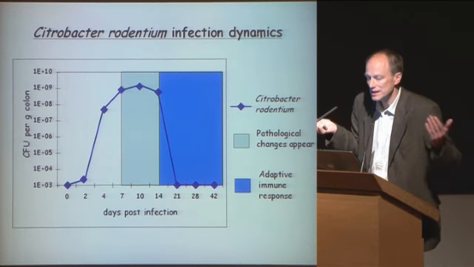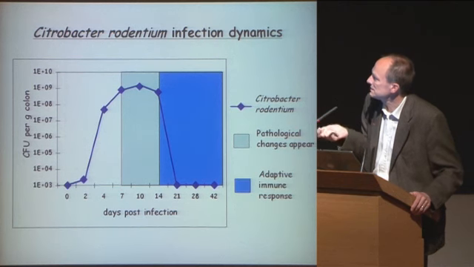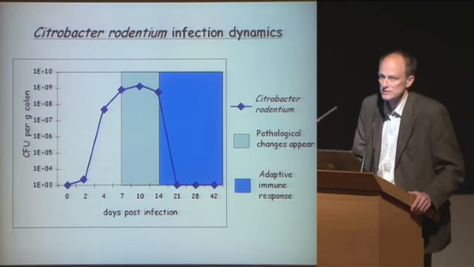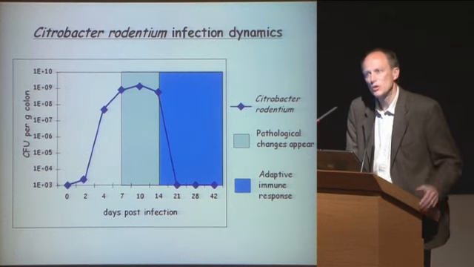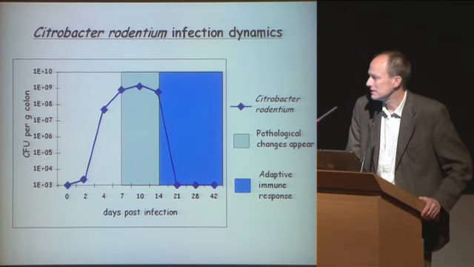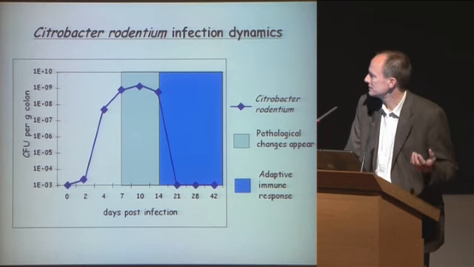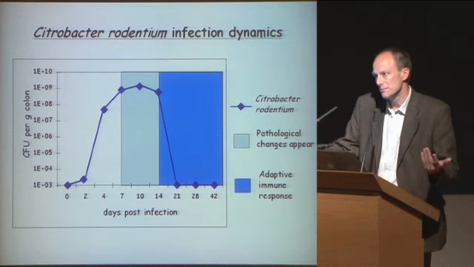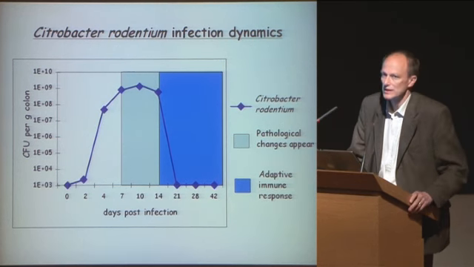And then the host acquired immune system, T and B cells, kick in and clear out the Citrobacter, and then it returns to normal, and Citrobacter is gone. That's what you normally see during an infection, where you get the pathogen, you get sick, your immune system comes in and fights it off, and then you get better again. So here we have a natural infection cycle.